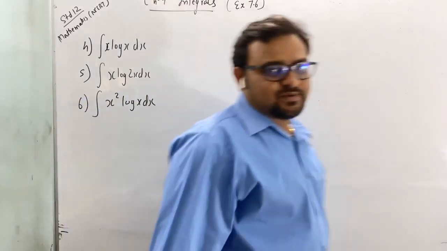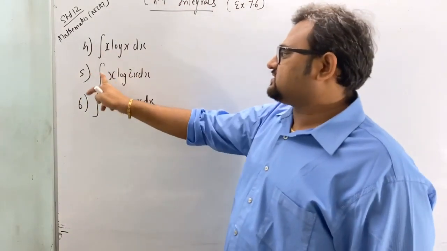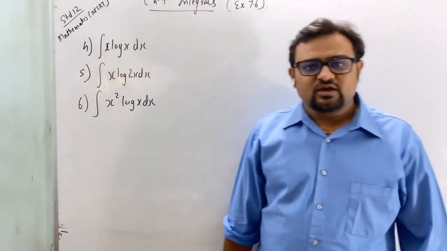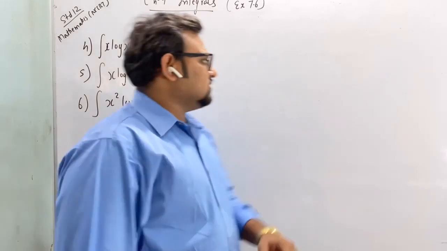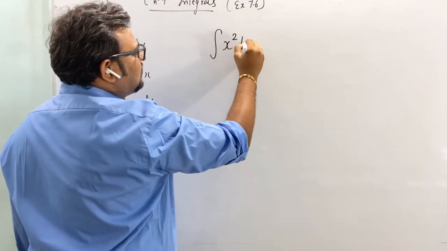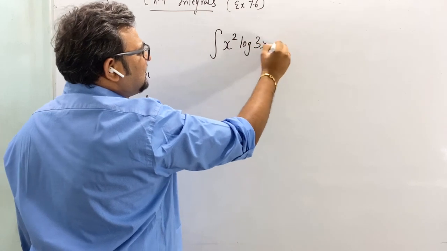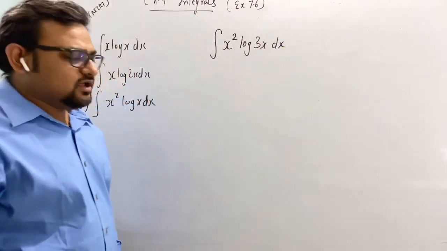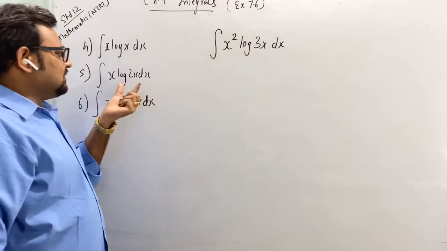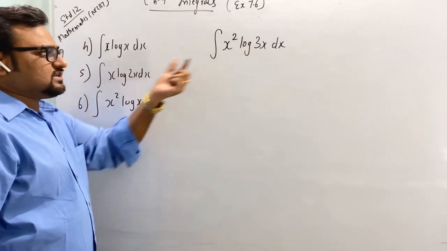Okay, so these three are similar questions. So I am making another sum, integration of x square log 3x dx. Okay, so here there is also x square in this function, log 3x. Similar to 2x, then what do you do with this 3x?